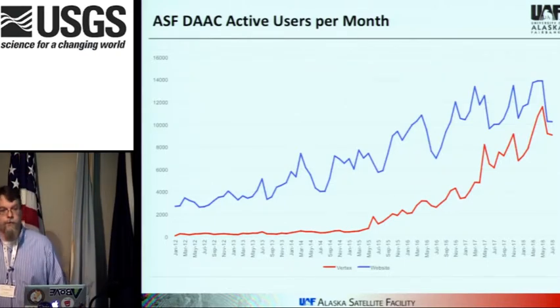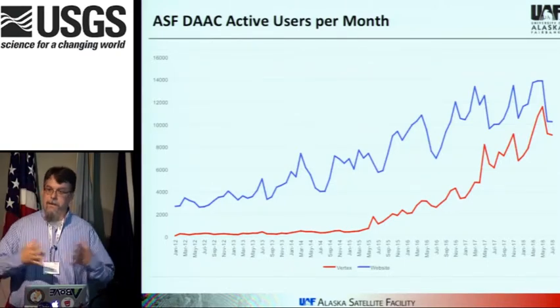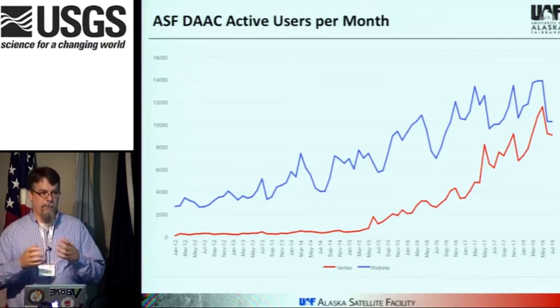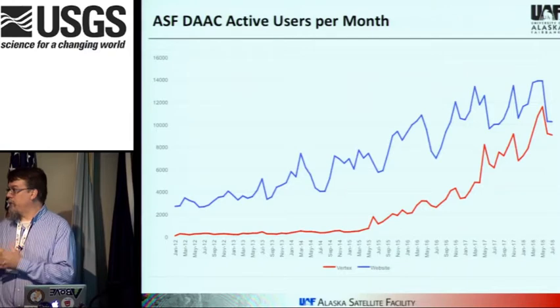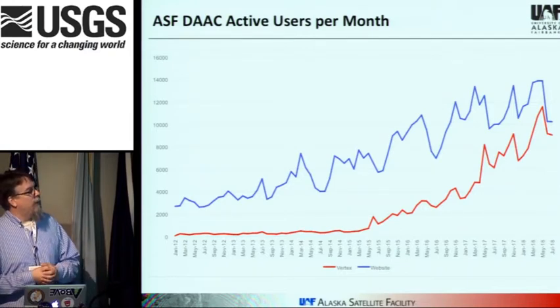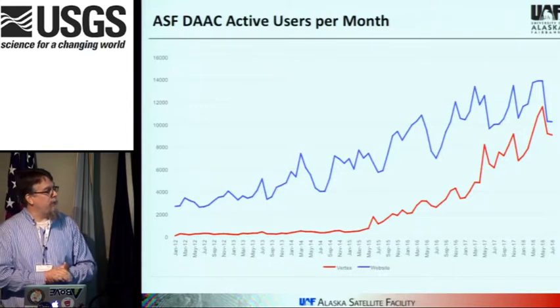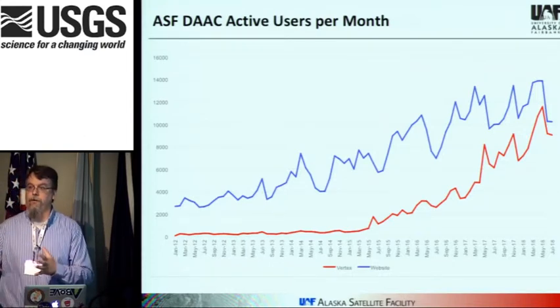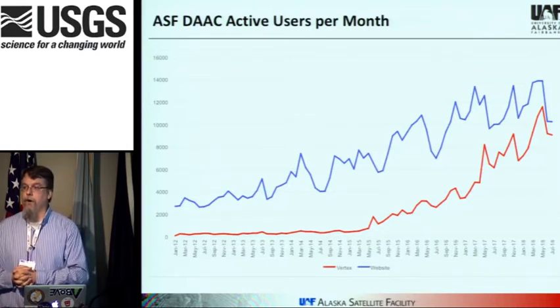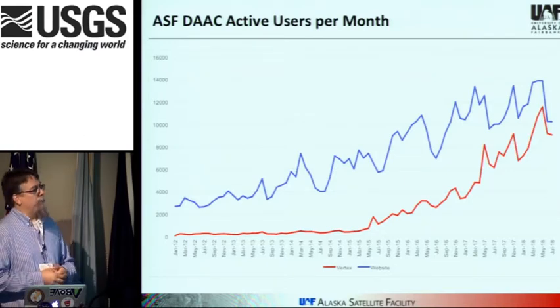So historically, we've serviced many tens to maybe some small number of hundreds of users over the course of most of the history of our data center. But that little tick you see in the middle is when the Japanese Aerospace Exploration Agency allowed us to start offering their ALOS PALSAR data free of charge without restriction.